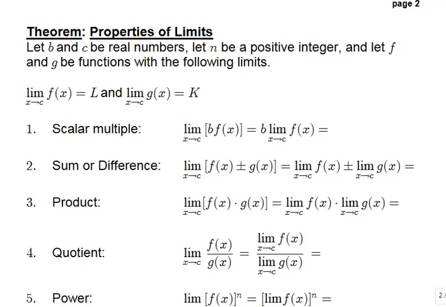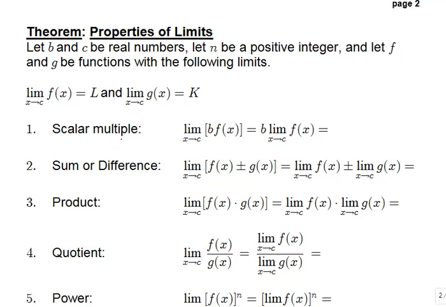These properties of limits do not apply if the limit of f and the limit of g do not exist in the first place. So they have to have actual limits for you to be able to apply these 5 different rules. So the limit of f as x approaches c, we're going to call that L, and the limit of g as x approaches c, we're going to call that K. So assume that L and K exist.